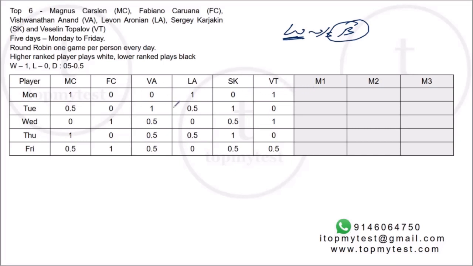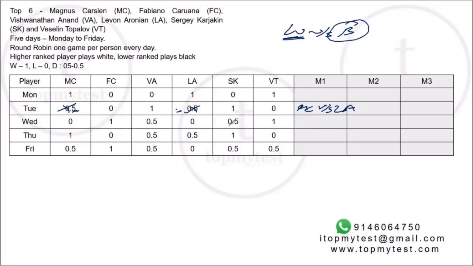Now on Tuesday, there is only 1 draw. Right? There is only 1 draw, which is between Magnus Carlsen and Aronian. So we know MC versus LA, that is 1 match, and it was a draw. Right, so we have taken care of this. We still don't know who plays who here.